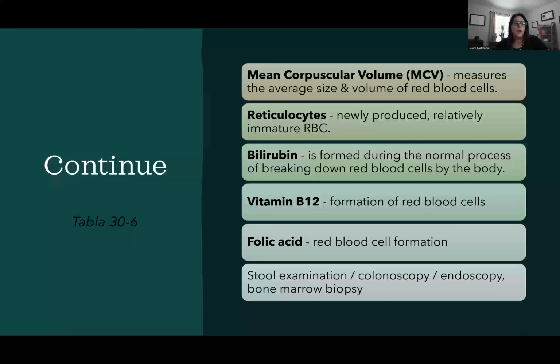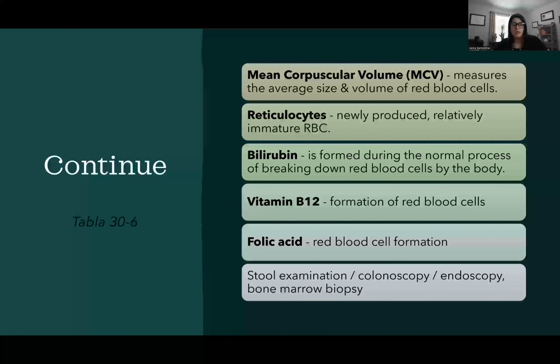All right, in addition, they could take blood samples for bilirubin, a test that says if your blood cells are being broken down by your body. Again, it should be a balance between production and destruction. If we're breaking them down and destroying them fast, your bilirubin is going to be higher. They also check your B12 and folic acid.